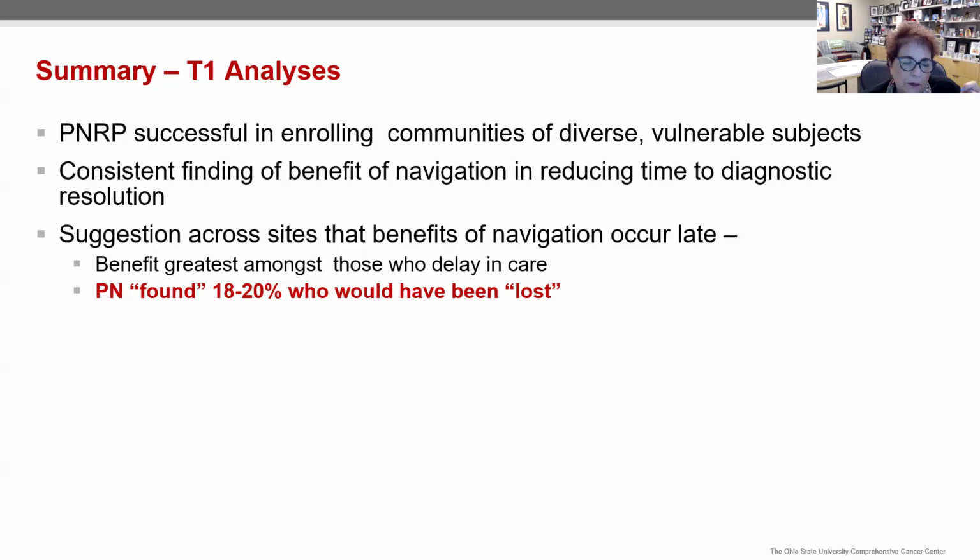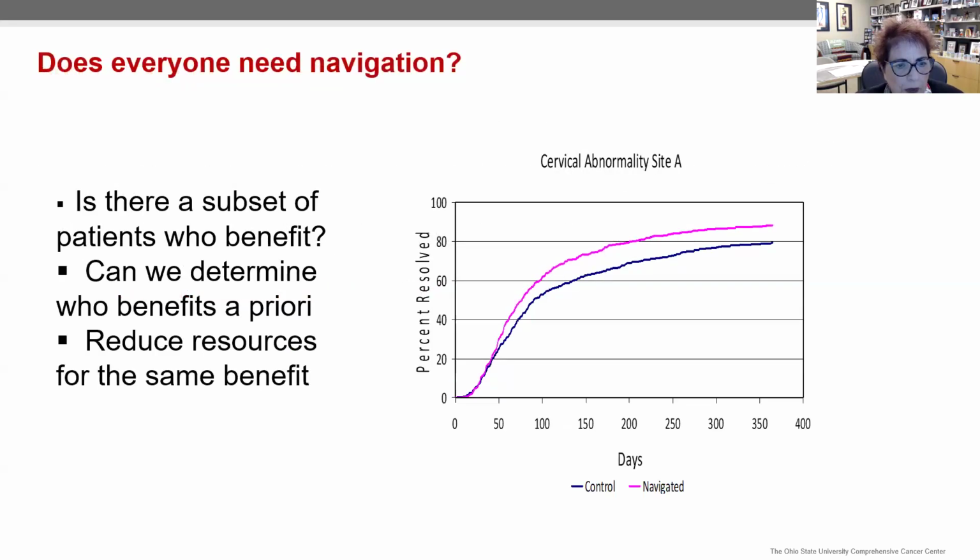We estimated that through patient navigation, 18 to 25% of those people who would have been lost, never gone in to get their abnormality followed up, would have been lost. So that's 18 to 20%, sorry, of people who might have had their cancer diagnosed later. We were able to get them in to be treated.